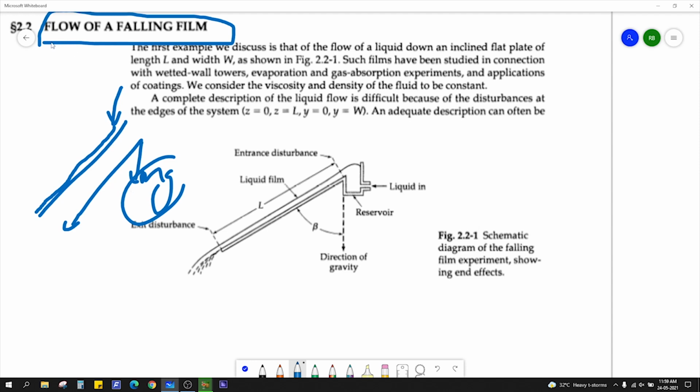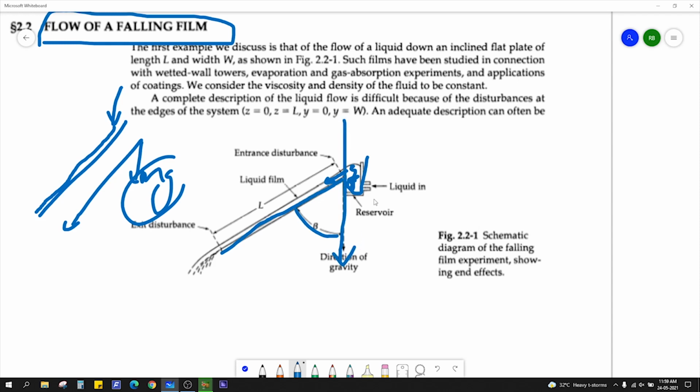So you first understand the problem. We have a reservoir, something like a tank here. The fluid is stored, and once the fluid level increases up to this point, it will try to flow out in this direction. And this is a plane at an angle beta from the vertical axis.